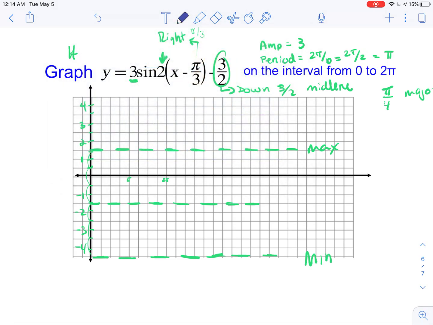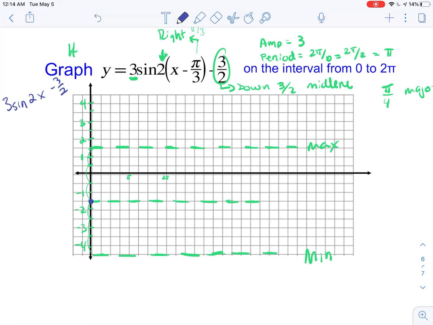Okay, so that's where my max will be, and this will be where my min will be.